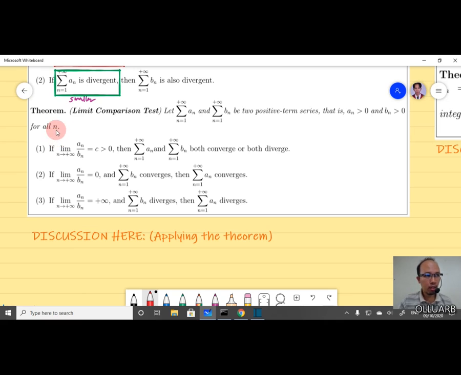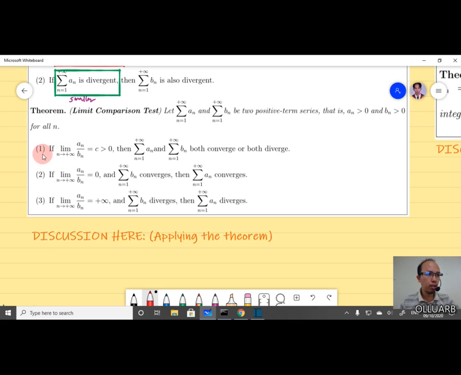So the first theorem says that it doesn't matter if a sub n is greater or smaller than b sub n. All you have to do is know that the given series are positive term series.